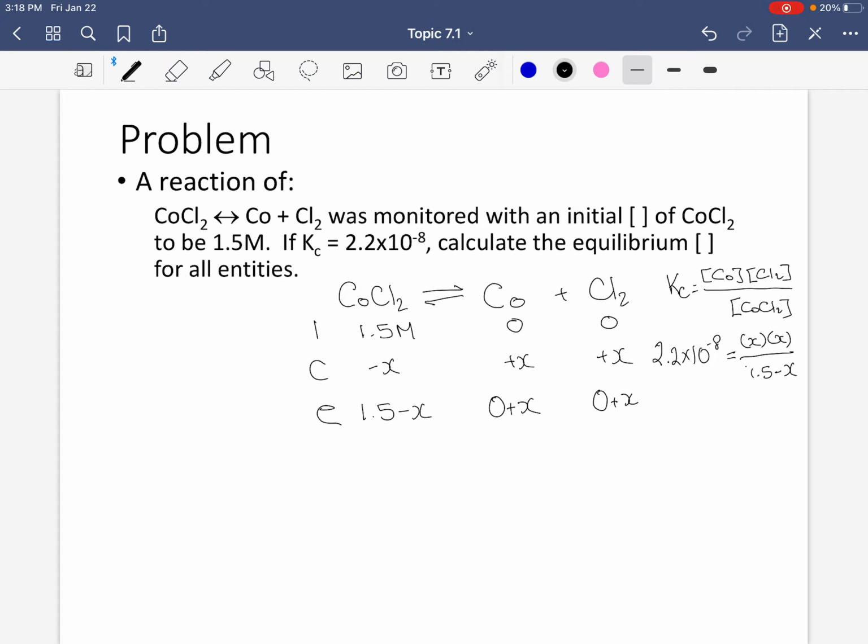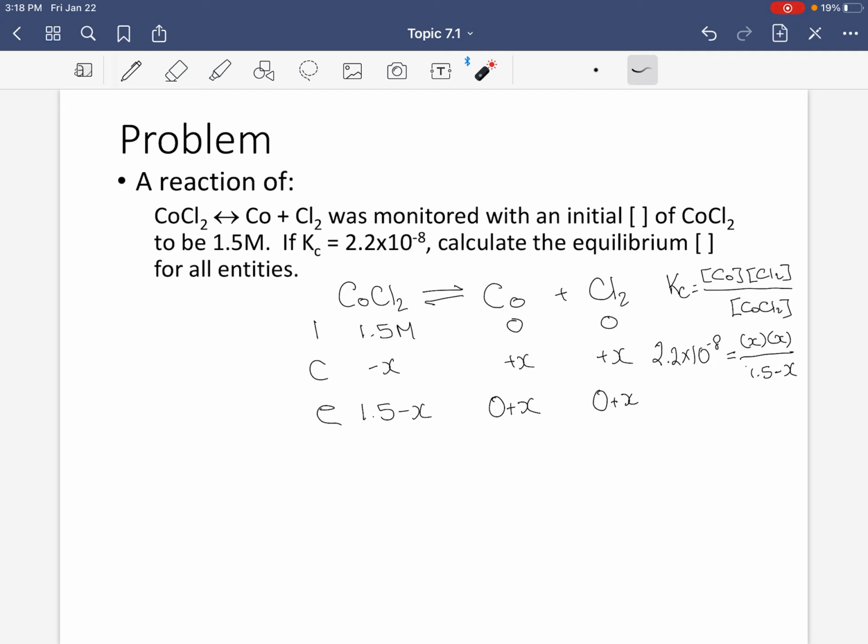I'm not going to do the quadratic formula, because I can sense the fact that x is a very, very small number. So small that when you take 1.5 minus x, it's not going to make a difference at all. You're still going to get somewhere near 1.5.